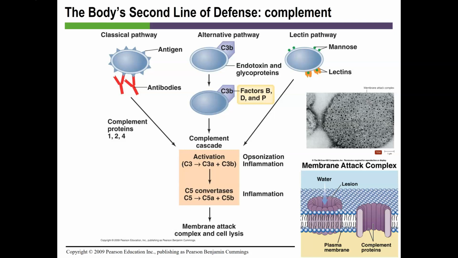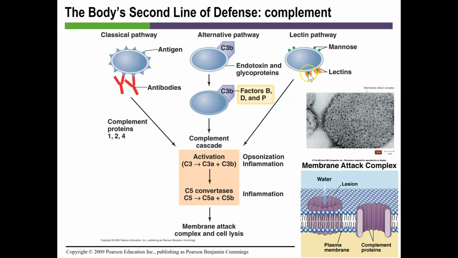The alternate pathway is activated with things like endotoxin, aka LPS, and various glycoproteins that are very bacterial-like. Then finally, the last pathway is the lectin pathway. Lectins are proteins that bind carbohydrates.